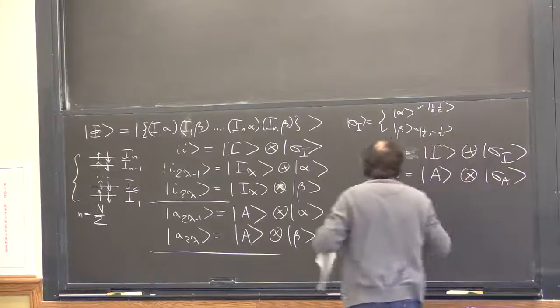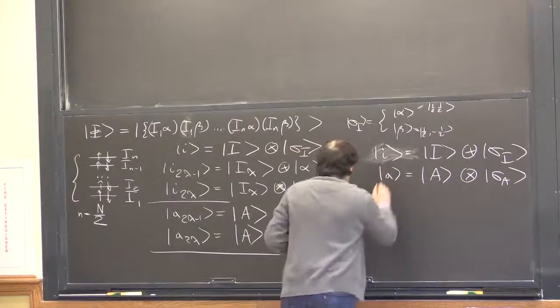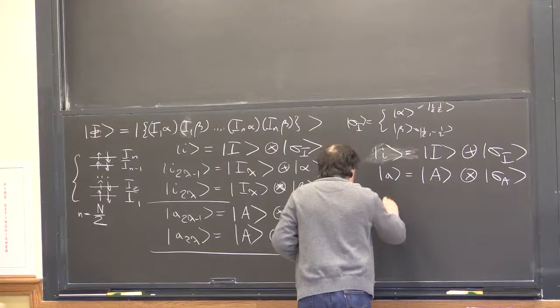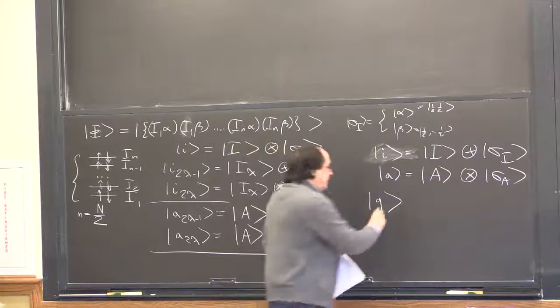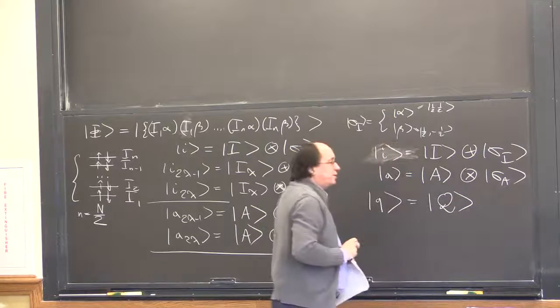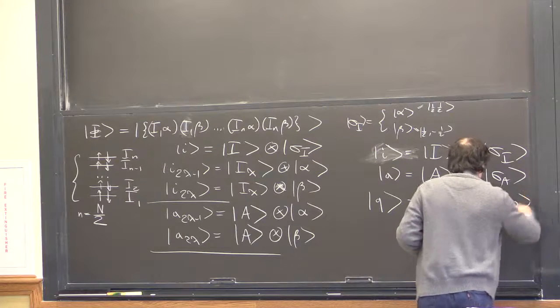And of course, if I will be talking about some generic spin orbitals, without telling whether they're occupied or unoccupied, in this particular setup, if I have a spin orbital, say Q, then I can write it as a product of the spatial function q and the corresponding spin function sigma q.